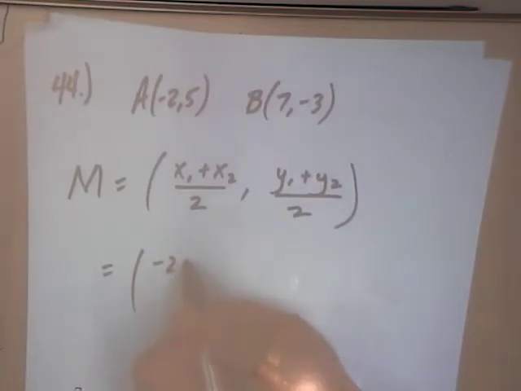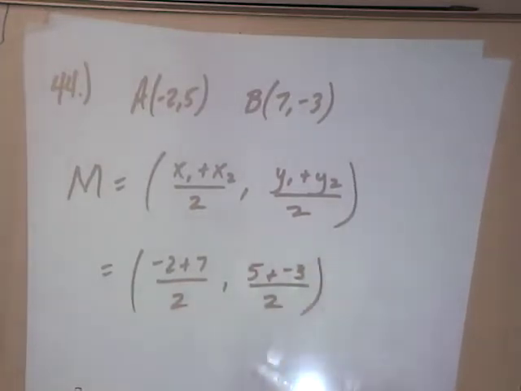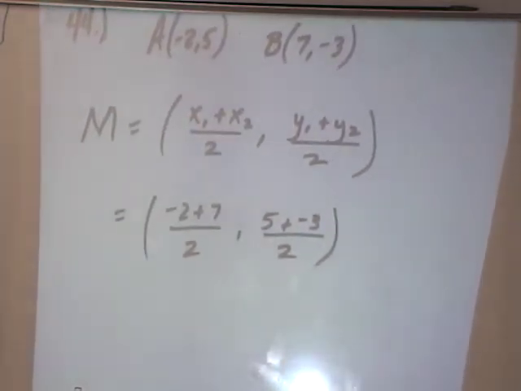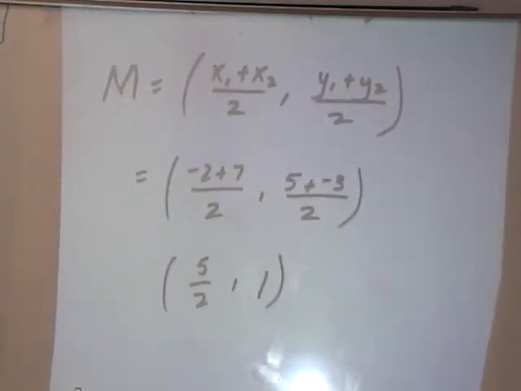So -2 plus 7 and 5 plus -3. What's -2 plus 7? So 5 halves. And 5 plus a -3 is 2 over 2, which is 1. So 5 halves and 1.